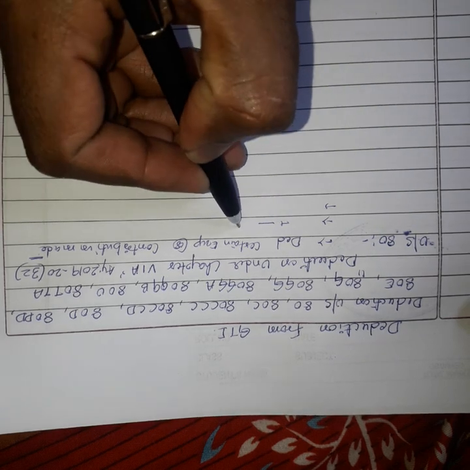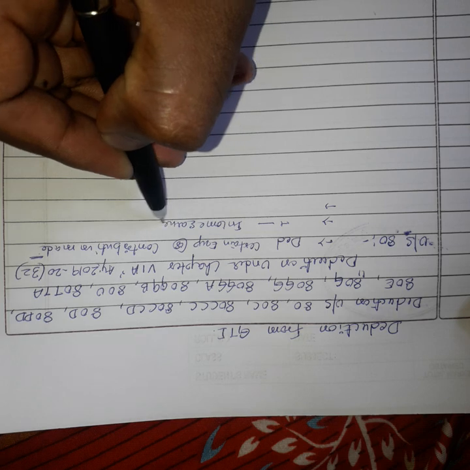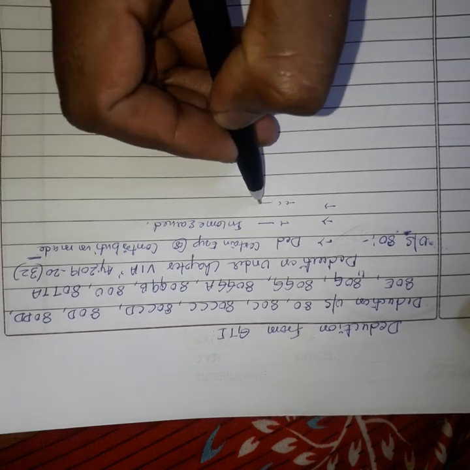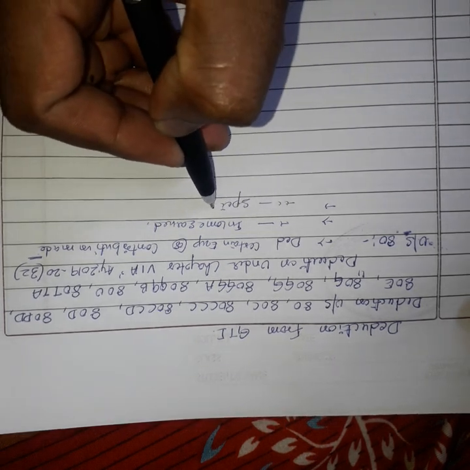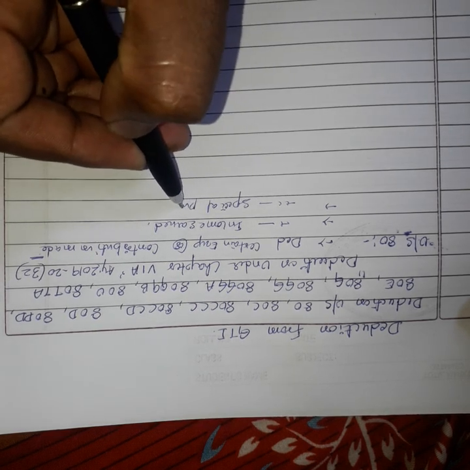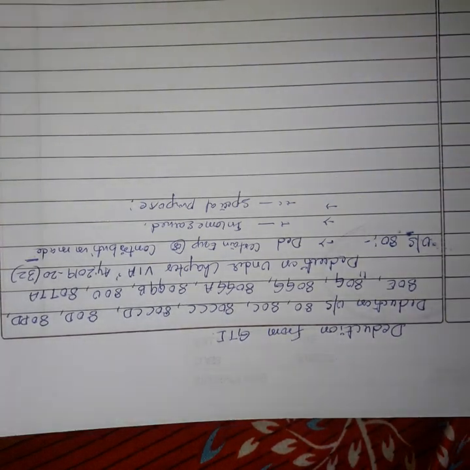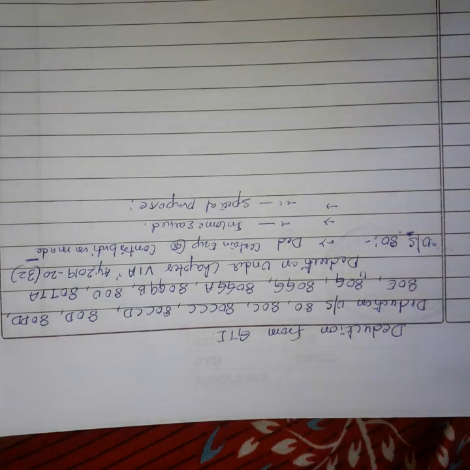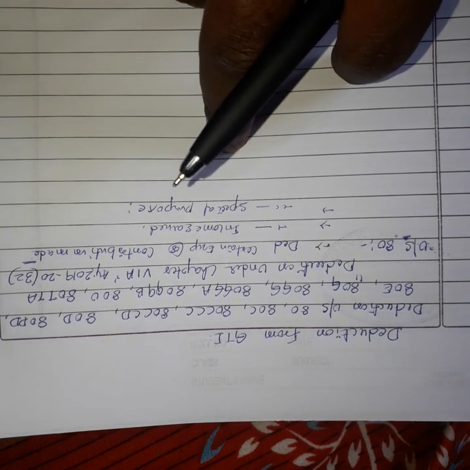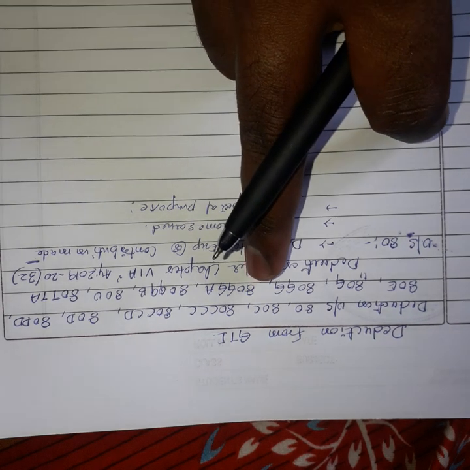Deductions for income earned, and deductions for special purpose. Among the above list, the following are deductions available for individual and HUF: 80C and 80CCC, what I have given above, the same thing.